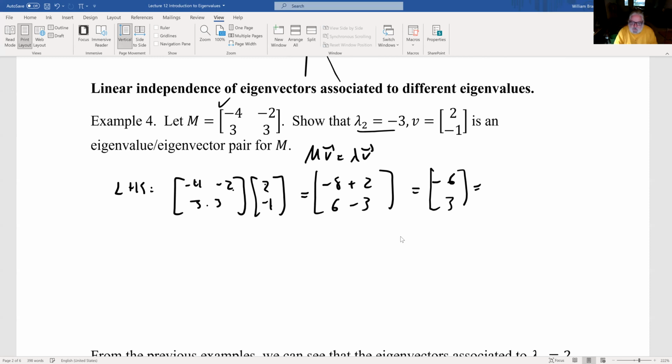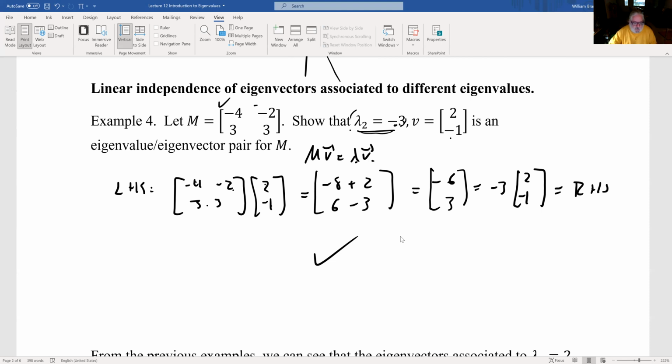If I factor out the minus 3, it's minus 3 times (2, -1). And that's the right-hand side, right? That's lambda times v. So this matrix has two eigenvalues.